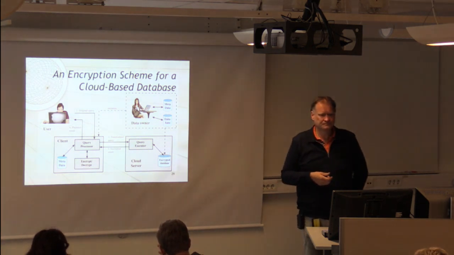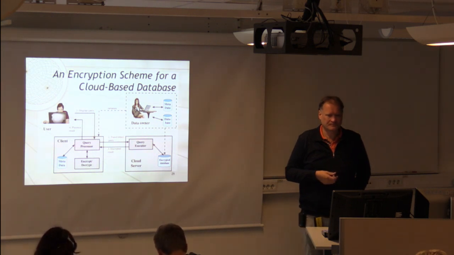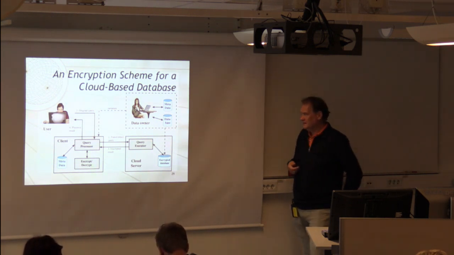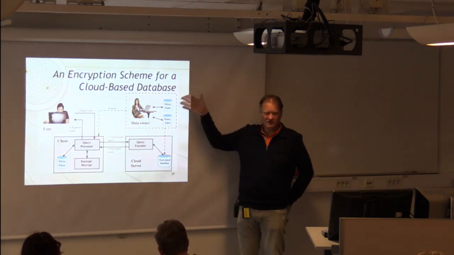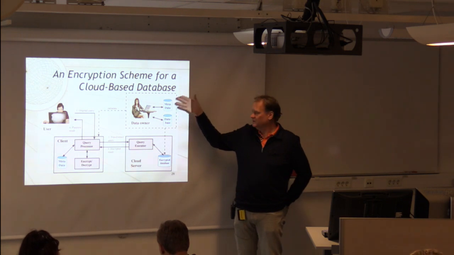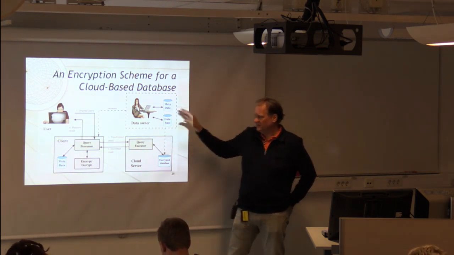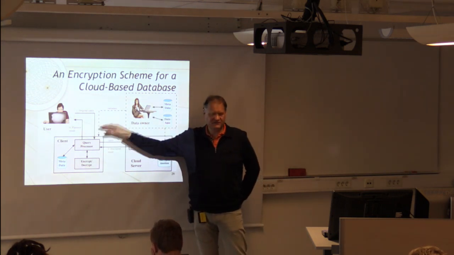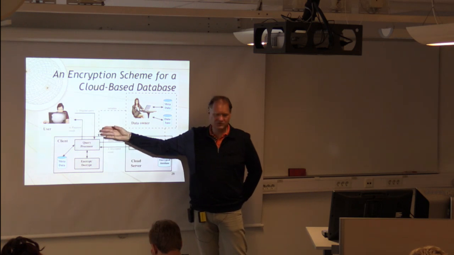What's the essence of the metadata for the client, or is it the same metadata as for the data owner? It can be different. I mean, the metadata we have here at the owner is complete. That is what the owner needs to be able to encrypt the data in a certain way, but then different users can get different parts of that metadata, depending on what that user will need to do.